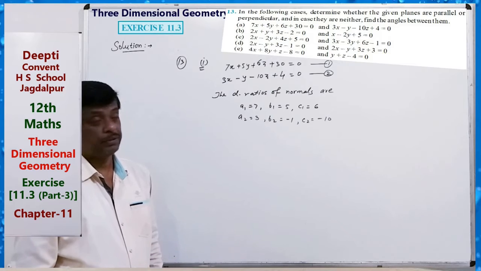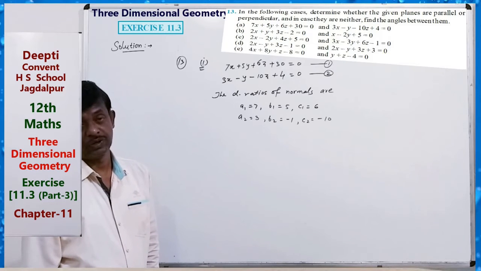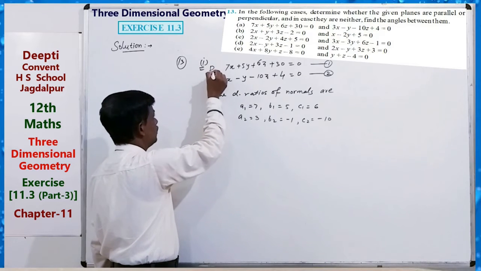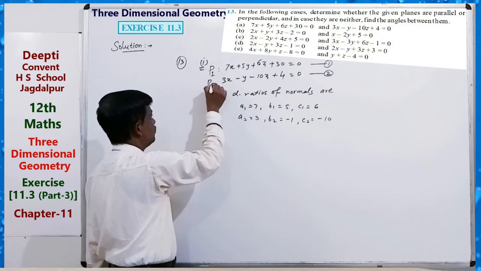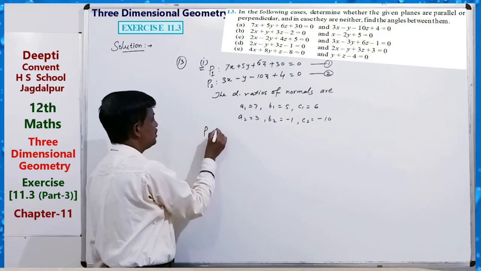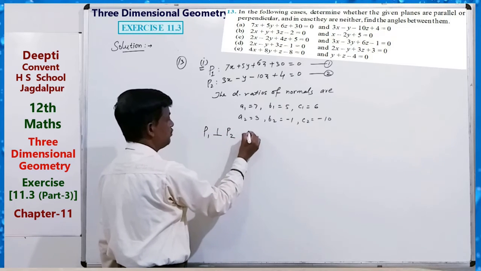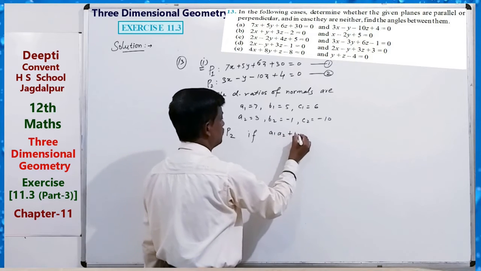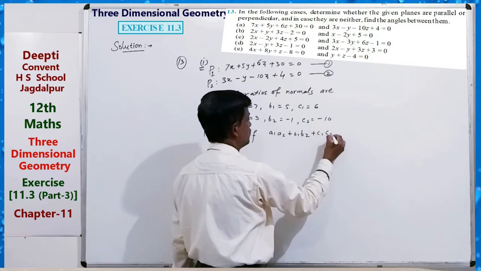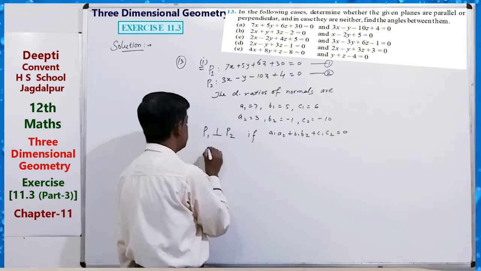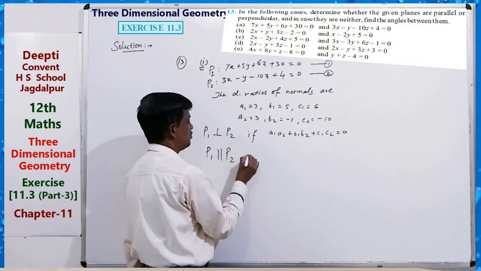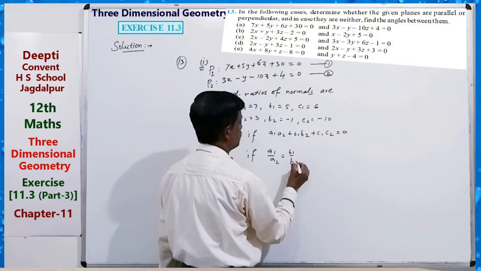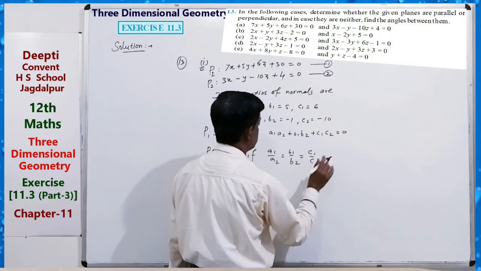Now plane 1, plane 2: so this is plane 1, this is plane 2. P1 is perpendicular to P2 if A1 A2 plus B1 B2 plus C1 C2 equals 0, and P1 is parallel to P2 if A1 by A2 equals B1 by B2 equals C1 by C2.